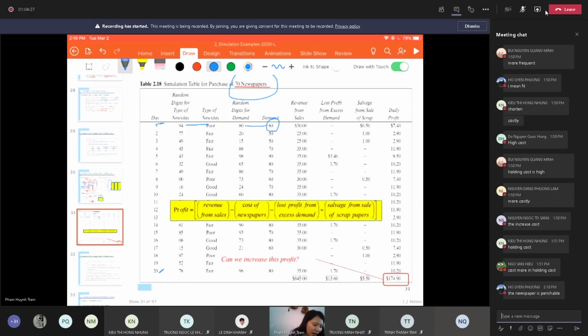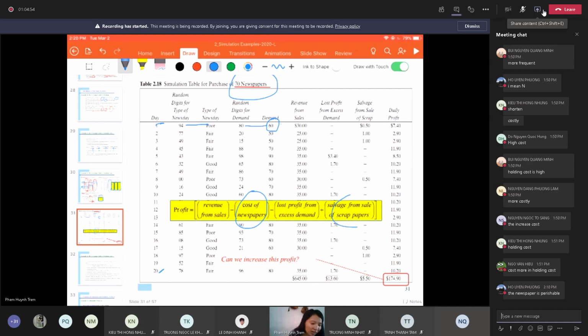So say we decide to buy 70 newspapers. We will calculate the cost of buying 70 newspapers. But the demand on that day is only 60. So we will get some scrap sales on that day, since we are left with 10 papers.